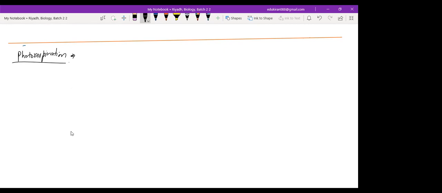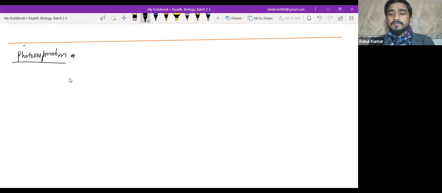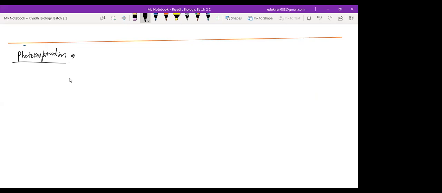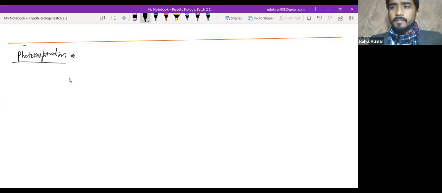It's the process by which organisms combine oxygen with food molecules to produce chemical energy. Something like that. Organisms use oxygen to break down food molecules to get chemical energy for the functions of the cell, or ATP. We don't break all the food molecules. We are not breaking lipids, vitamins, proteins. What are we breaking?